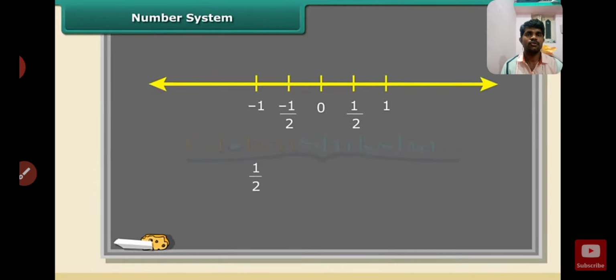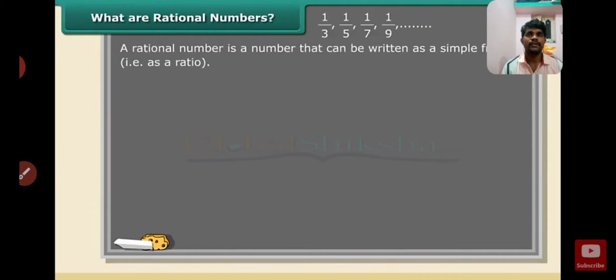And 0, 1 by 2, minus 1 by 2. What about 1 by 2? Here 1 by 2 is in the form of p by q, hence we call it a rational number. A rational number is a number that can be written in the simple form p by q, that is, as a ratio.